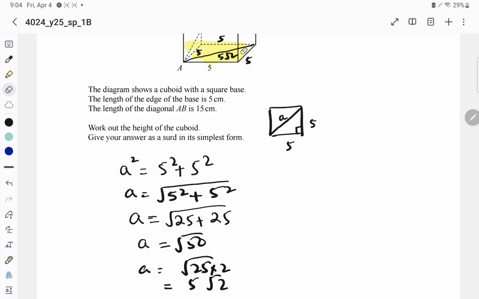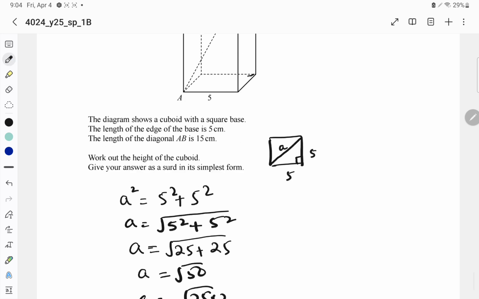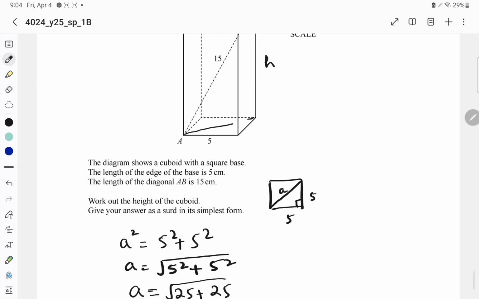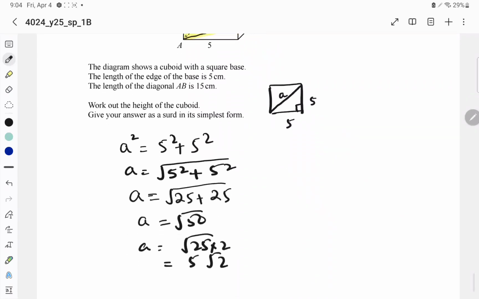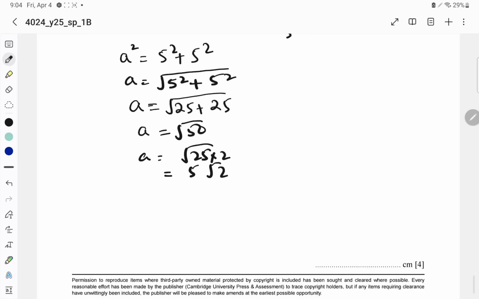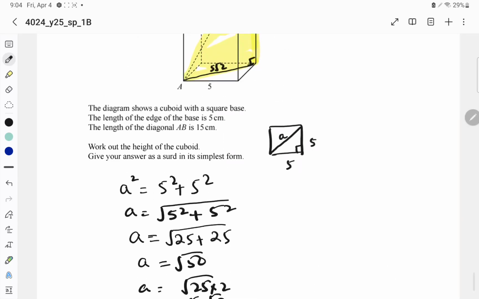Okay, now what you have to find out is the height. So here, if I take this 5 square root 2, obviously it's 90 degrees. So if I take this triangle, a right angle triangle, it's easy to find out the height. So I'm making here a right angle triangle.